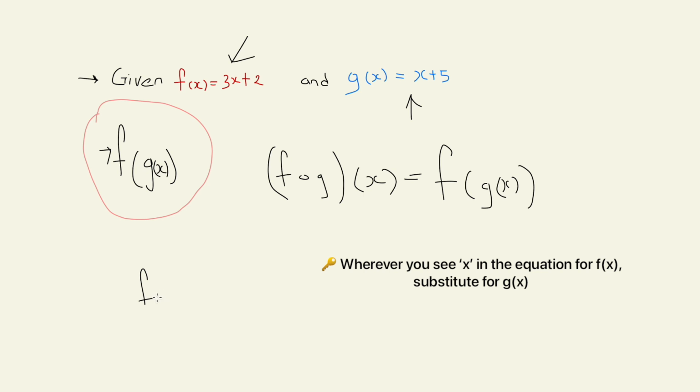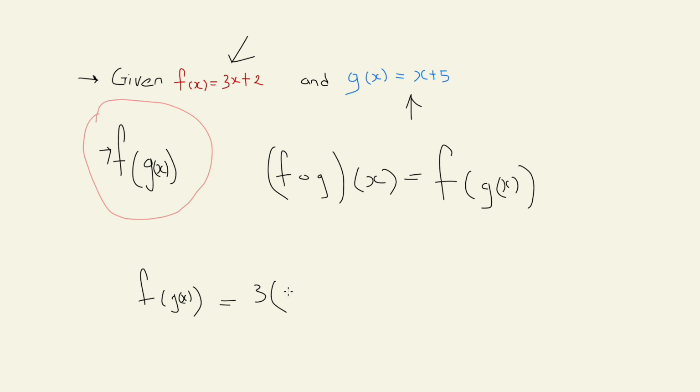Therefore, f of g of x is equal to 3 multiplied by (x plus 5) plus 2 is your equation.